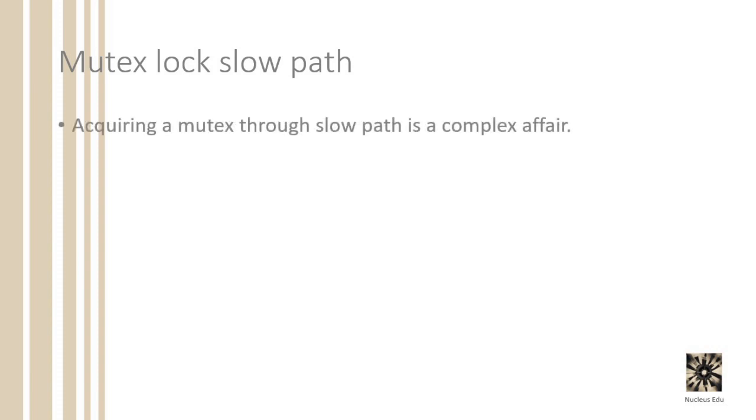One thing to understand here is that acquiring a mutex through the slow path is a complex affair. The main function that we just discussed in the slow path is pretty big, and it calls a lot of mini functions.